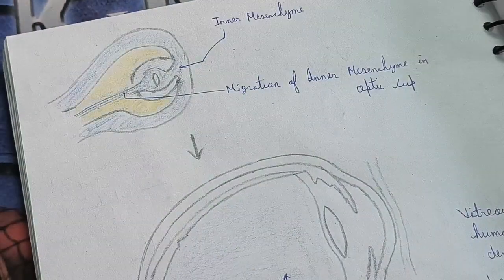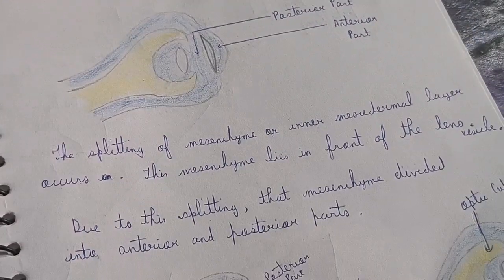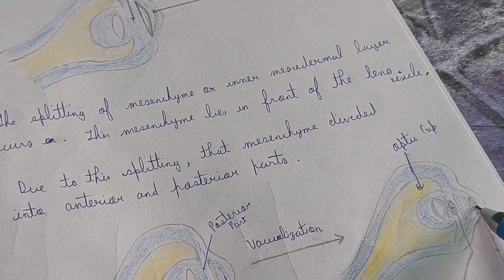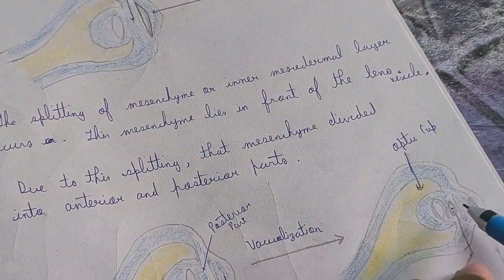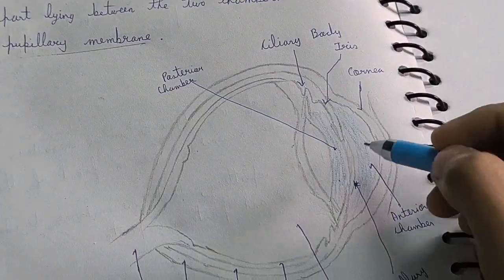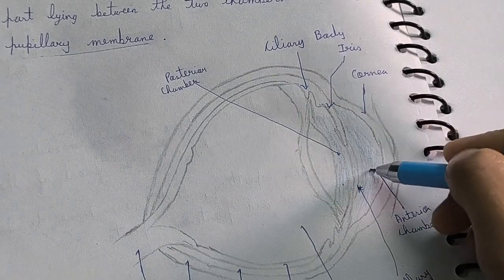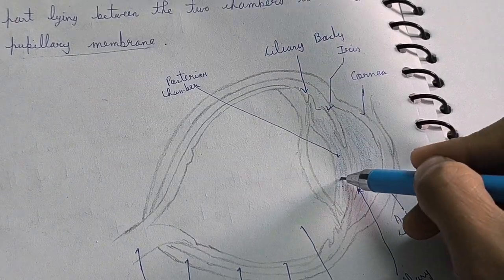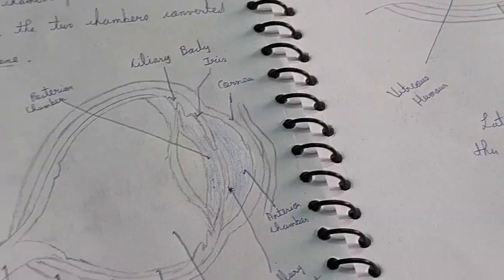As I already mentioned, the part lying between the anterior and posterior parts gets converted into the pupillary membrane. So this is the pupillary membrane, this is the anterior chamber, and this is the posterior chamber.